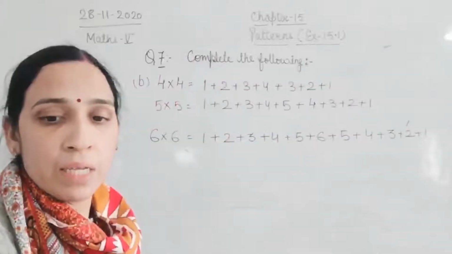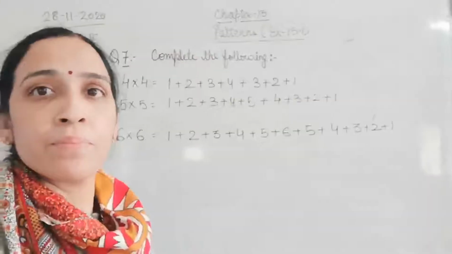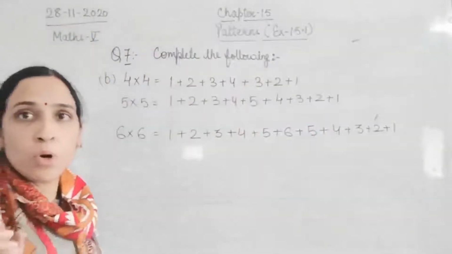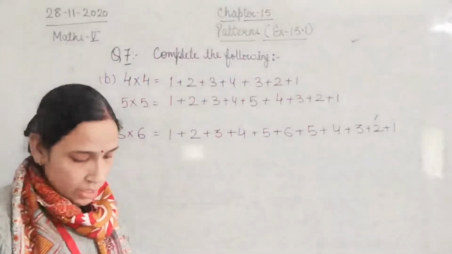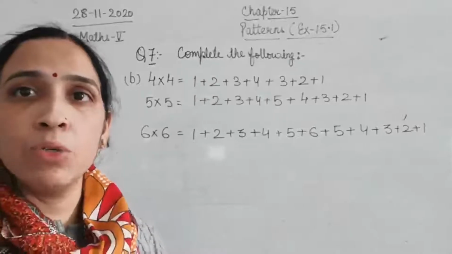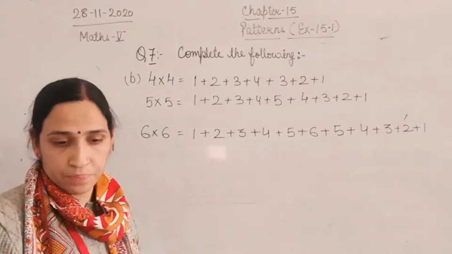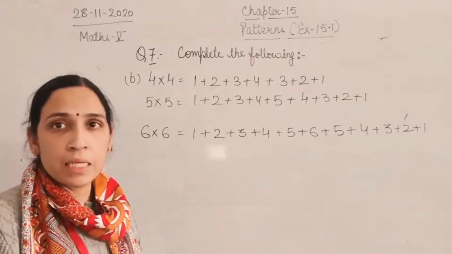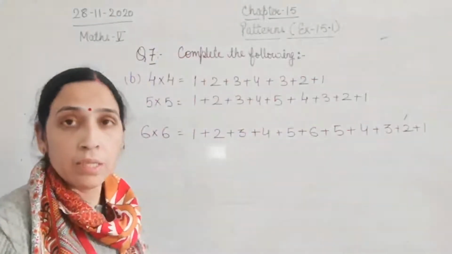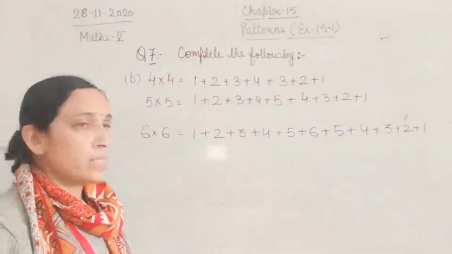In this question, you have been given whatever number is given here, the product of two numbers or two square numbers, and then you have been asked how we can write this sum by using the number that is related to the sum of this series.